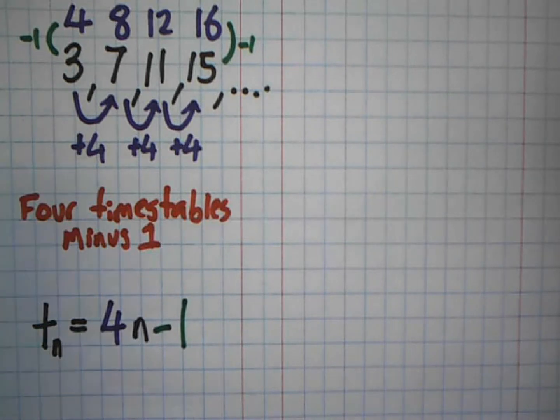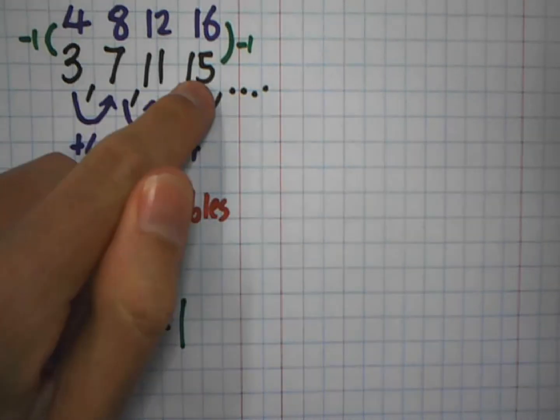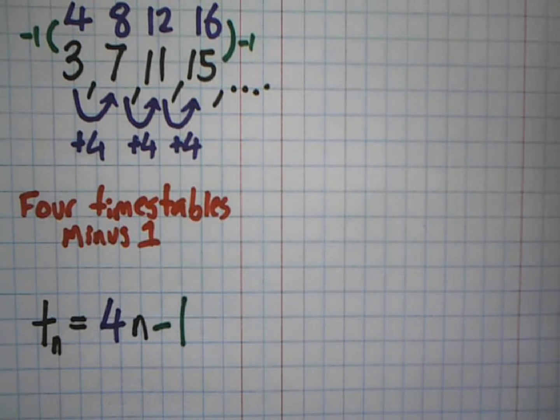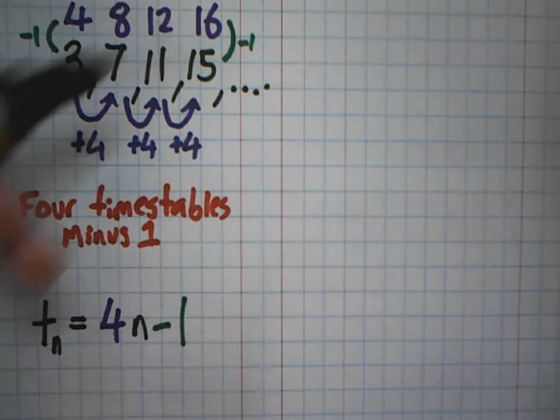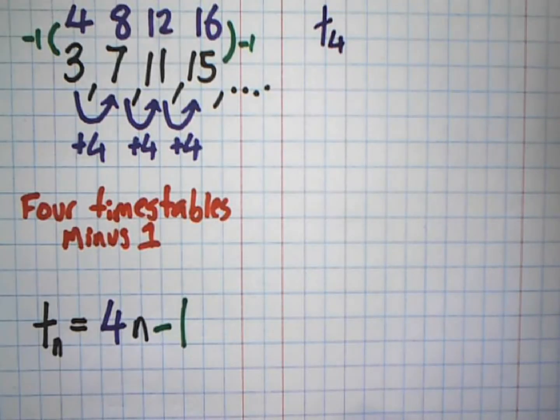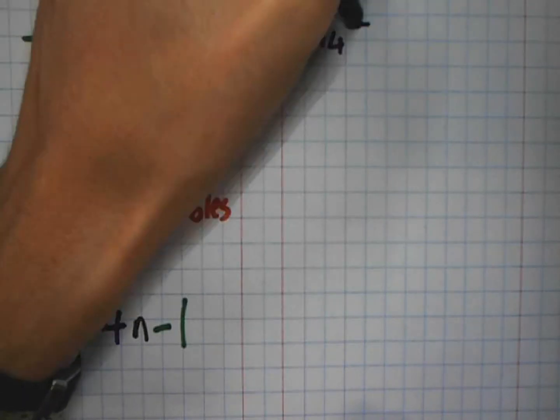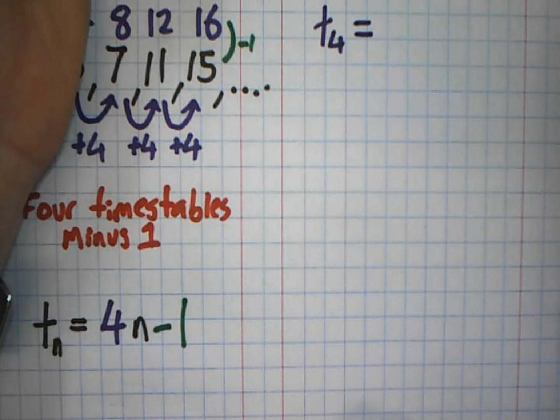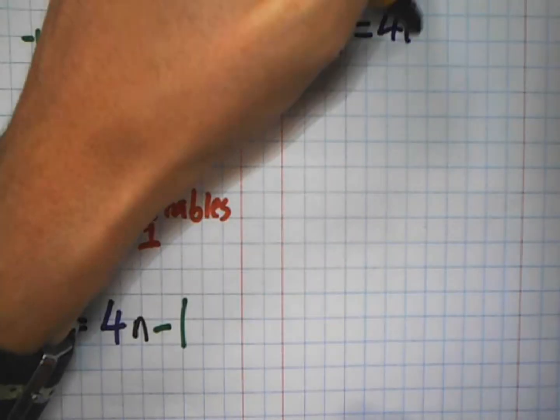Now, how do we check our rule is right? Well, what I can do is say I want to find this 4th term here. Now, we know the answer is 15, but let's have a go and work it out. So I'm going to find the 4th term in my pattern, and I know that it is 4n minus 1.